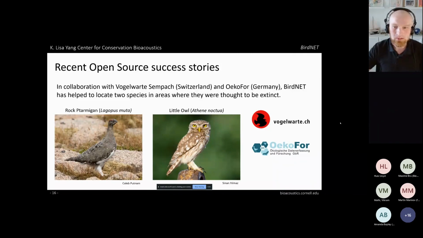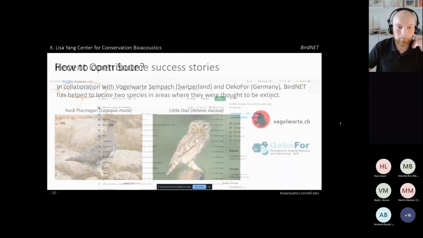And we actually managed with those devices, with the help of BirdNET, to detect these two species in these areas, which is super cool and shows that they're not extinct there. And we did all of that with on-device monitoring, without the need to record first and then process. You can do this in real time on-device, which is super cool.